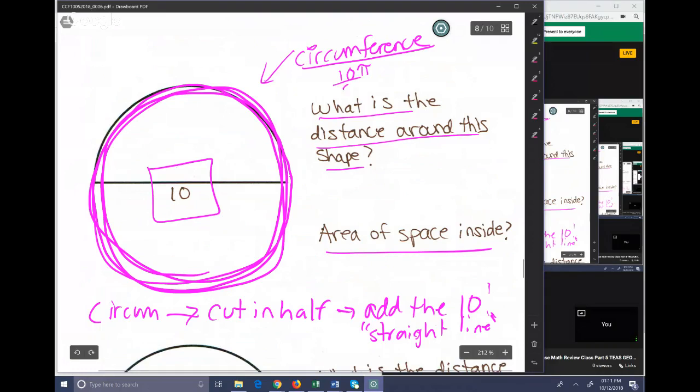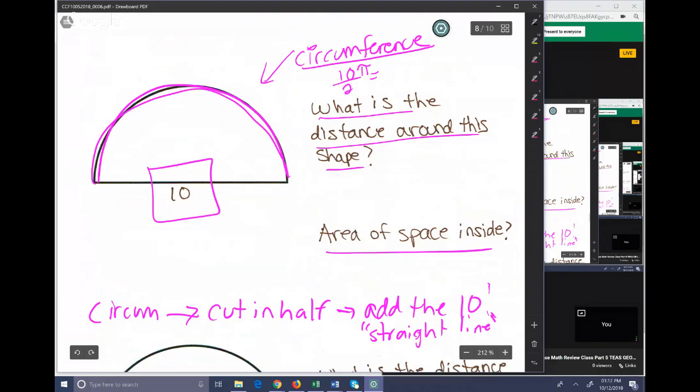I'm going to make things simple by cutting that in half before I take it out of pi, because I don't want the whole circumference. I want half of it. So 10 pi divided by 2 is 5 pi. And I'm going to have to take that out of pi because I need to add a normal number to it. So 5 times 3.14 is 15.7.